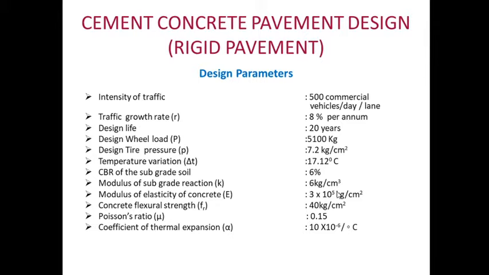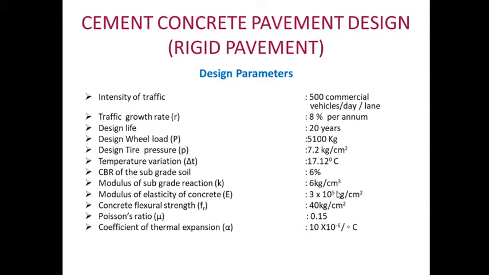In this problem, we have taken the intensity of traffic as 500 commercial vehicles per day per lane, the traffic growth rate as 8% per annum, and a design life of 20 years.